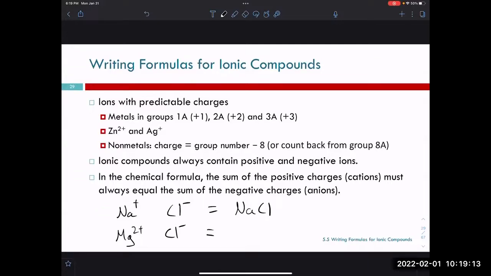So if we want the charges to add up to 0, we need 2 chlorines. So this magnesium chloride is MgCl2. Because when we add the charges up together, they equal 0. If we have 2 chlorines, that's 2 1- charges for a total of 2-.